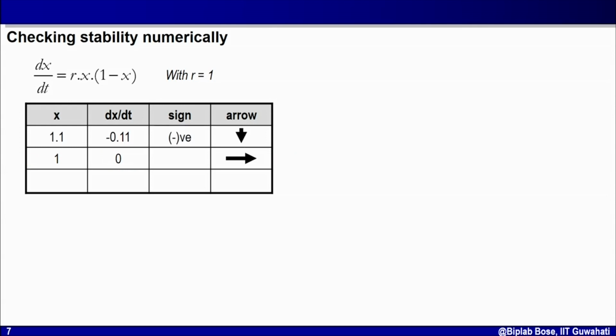Now I will take a value slightly higher than 1. So what can I take? I have taken x equal to 1.1. That means dx dt is equal to r into x into 1 minus x, which is 1 into 1.1 into 1 minus 1.1. So this gives me a value of minus 0.11.